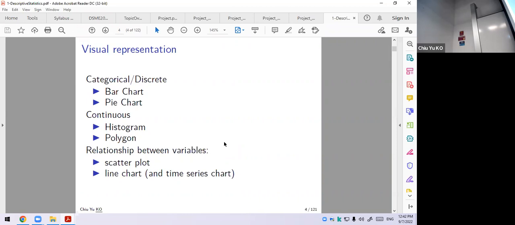The scatter plot is something we cover, so we don't have to worry. For the first four, if you don't know, go to Wikipedia, go to Google, go to whatever website and check it out. Or if you really don't know, you can ask here. I'm not sure he will be happy, but I think at least he will answer your question. I hope.